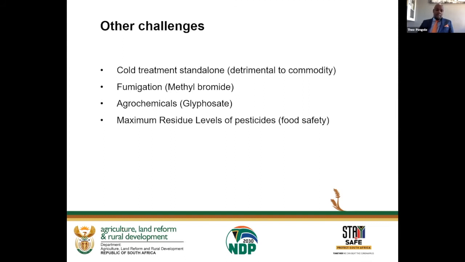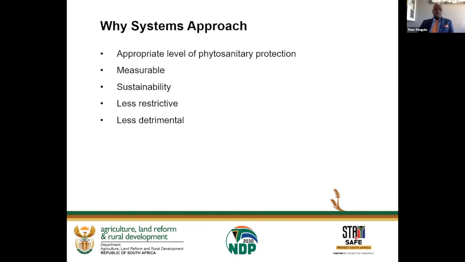I think everyone knows about glyphosate that is in the news, and the litigations about the claims of what it does to human health. And then the last one: using these chemicals, we faced the issue of maximum residue levels on food. Even though this is not a plant health issue but a food safety issue, it was causing non-compliance in the importing countries.